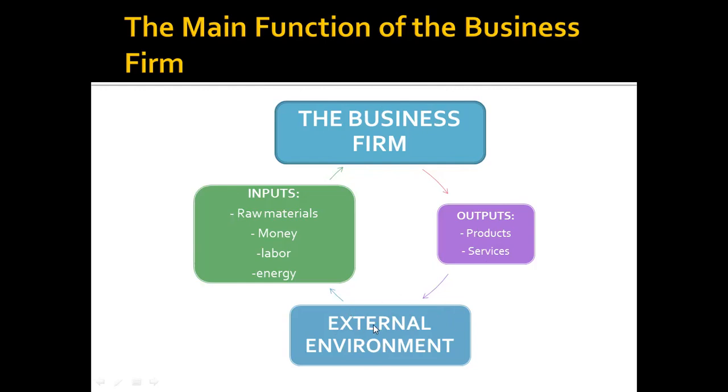On the other hand, who are the providers of raw materials, money, labor, and energy for the business firm to produce banana chips? From the external environment, like suppliers of bananas, the farmers. They supply bananas to the firm, also money from the financial institutions, from the banks.